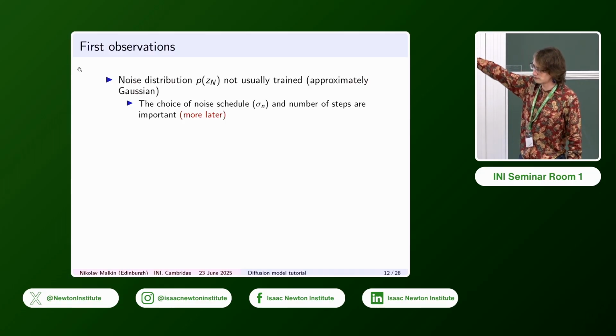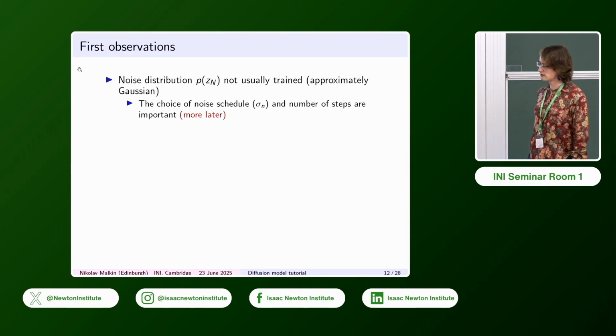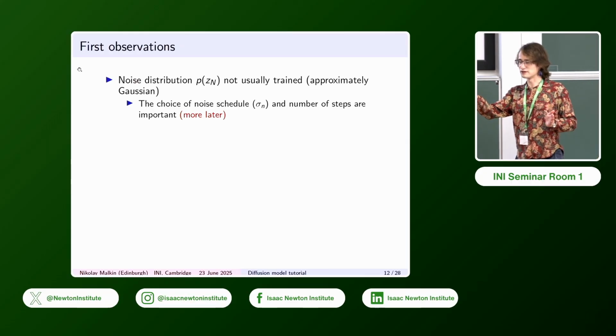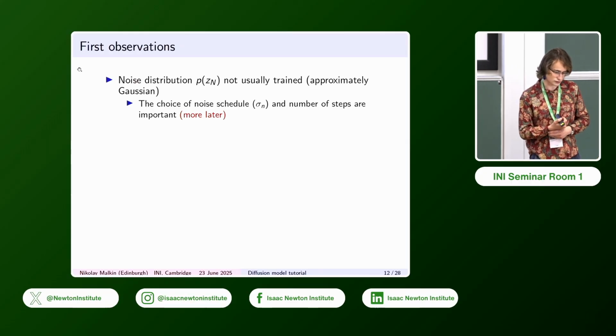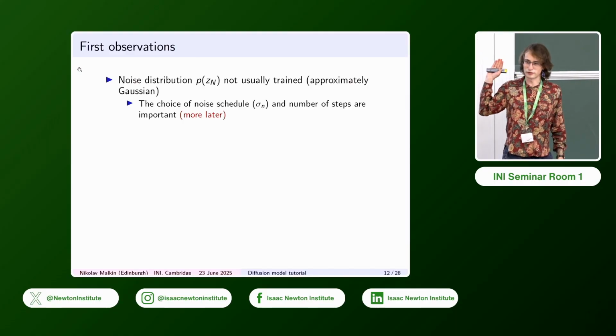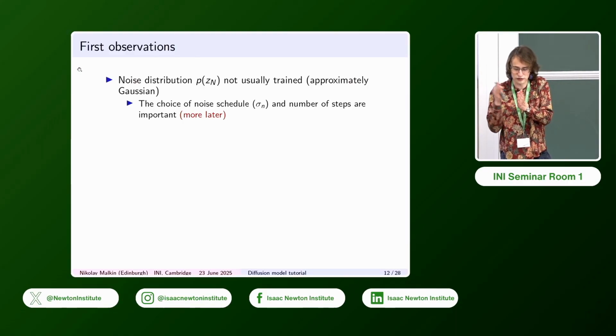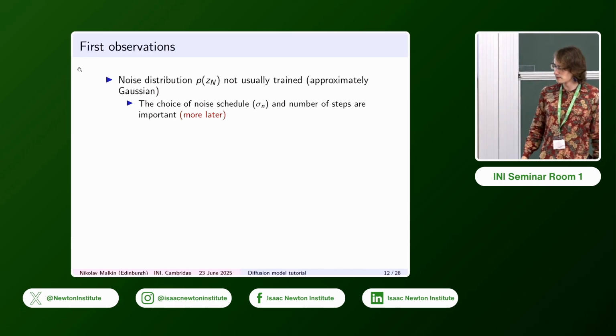So that first prior distribution P of Zn, the highest level latent, is usually fixed to Gaussian. Second, an important choice is the rate at which we add noise when we make a fixed number of steps. So in the picture, there were 9 steps of addition of noise, but I had to choose how much Gaussian noise was added at every step. And in practice, that can be an important design choice.